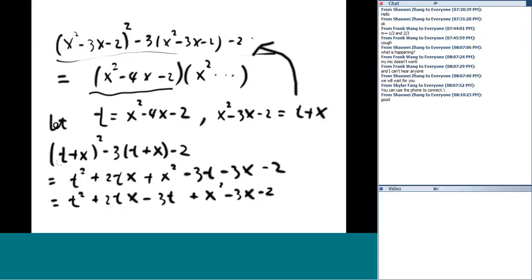T squared plus 2tx plus x squared minus 3t minus x minus 2. Yeah, that seems right. T squared plus 2tx minus 3t.